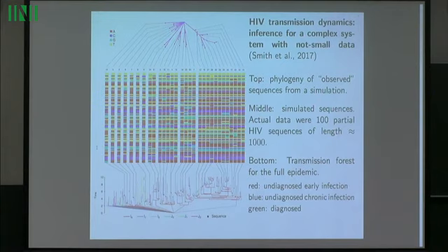I don't know how well you can see what's going on here, but we can imagine a dynamic model, and we can imagine simulating from it. Our model might have diagnosed and undiagnosed individuals, and they might be in an early, middle, or late stage of HIV infection.